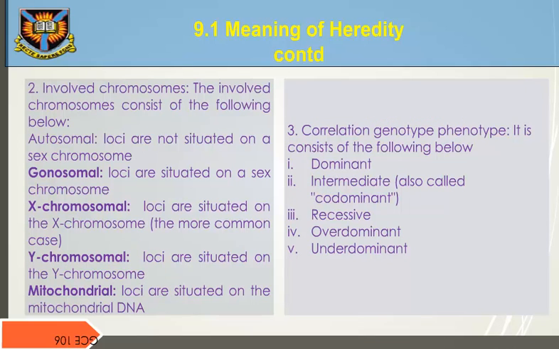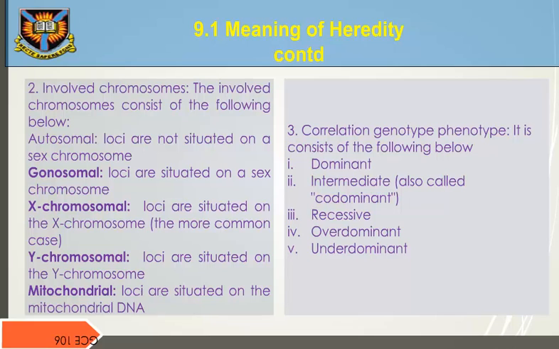The involved chromosomes consist of the following. Autosomal. Loci are not situated on a sex chromosome. Gonosomal. Loci are situated on the sex chromosome. X chromosomal. Loci are situated on the X chromosome, the more common case. Y chromosomal. Loci are situated on the Y chromosome. Mitochondrial. Loci are situated on the mitochondrial DNA.